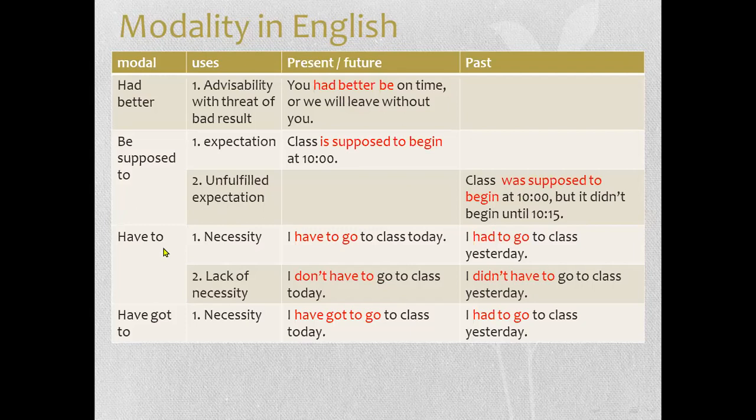And here you can see have to: the first meaning is necessity and the second is lack of necessity. There are future, present, and past forms of have to. Have got to is also necessity, and it has present, future, and past forms.